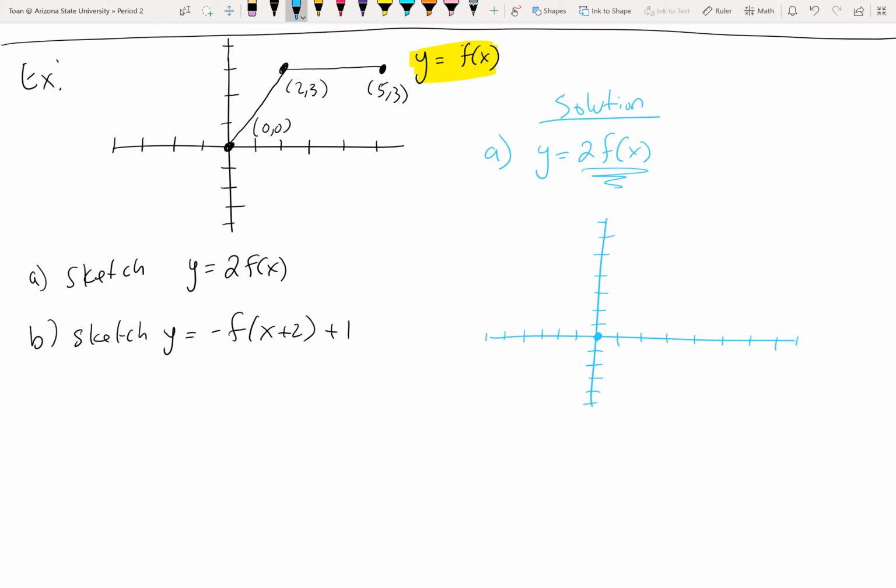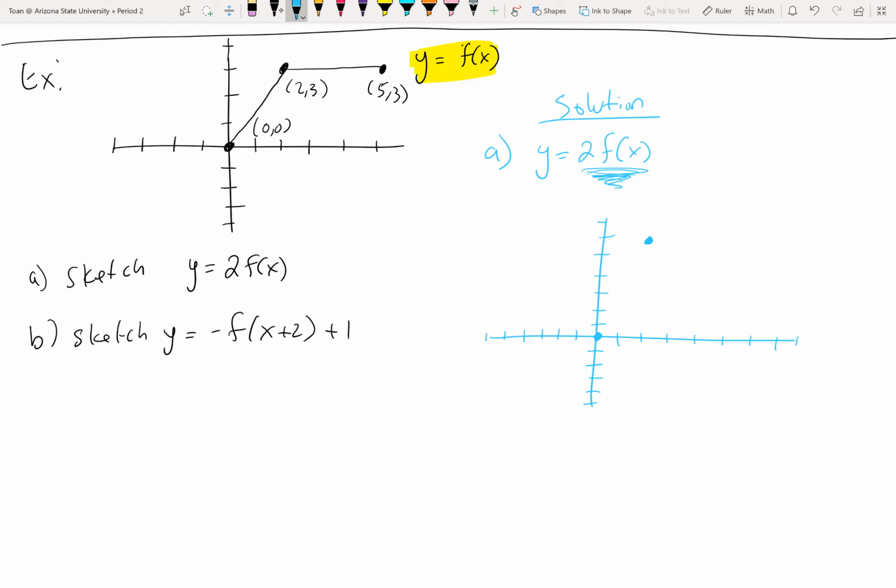Let's focus on the point 2, 3. Remember, this says double the y value. It doesn't say anything about the x value. Y equals 2 f of x simply says double the y value. So if it's 2, 3 originally, my new point becomes 2, 6. My third point is 5, 3.